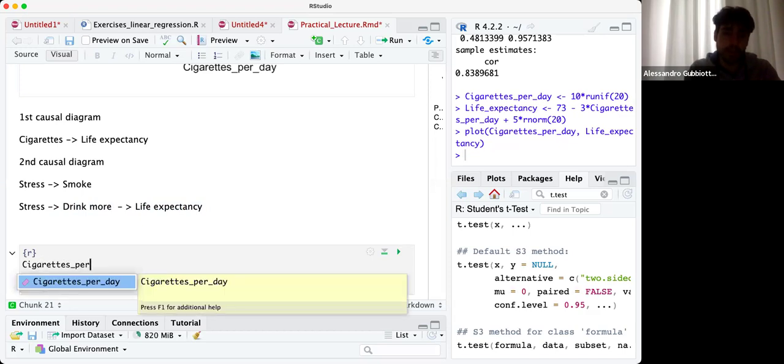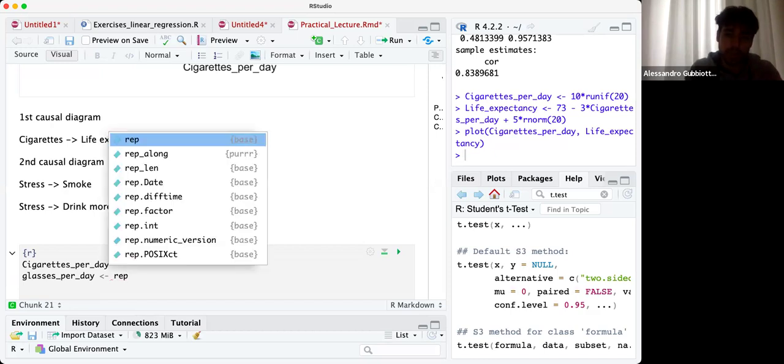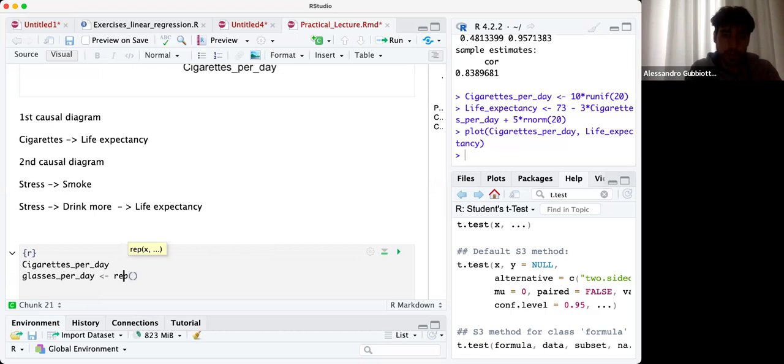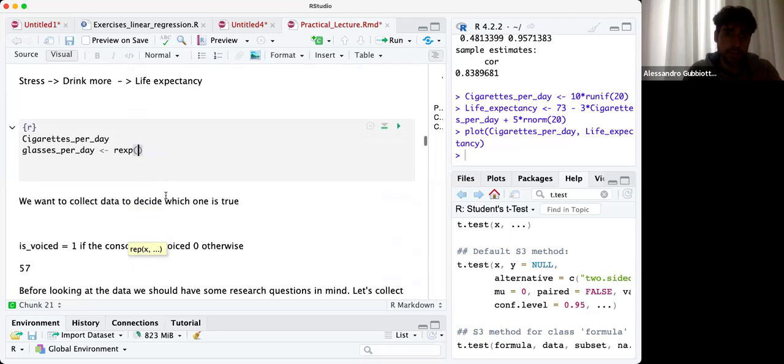The first diagram would correspond to something like glasses per day being an exponential random variable with some parameter. Okay, we take 20 observations.